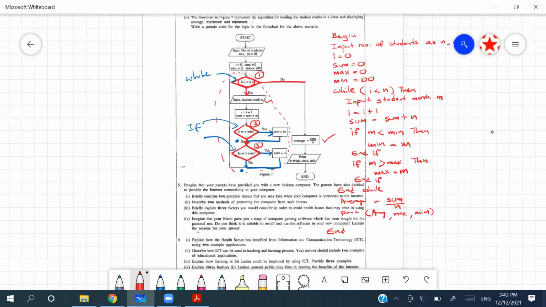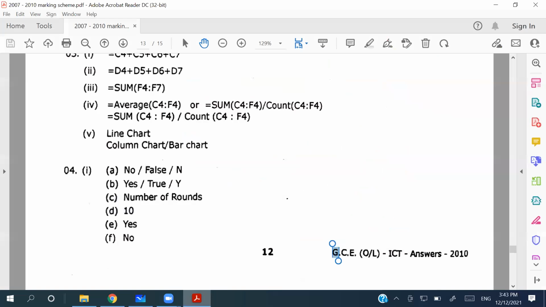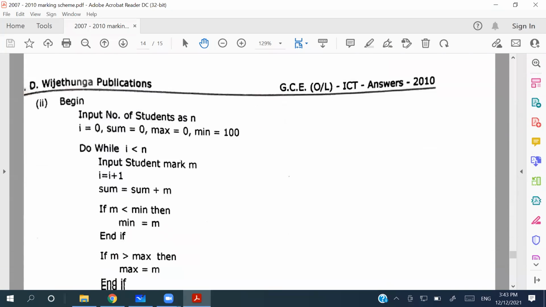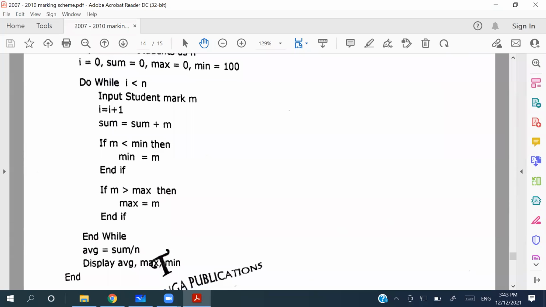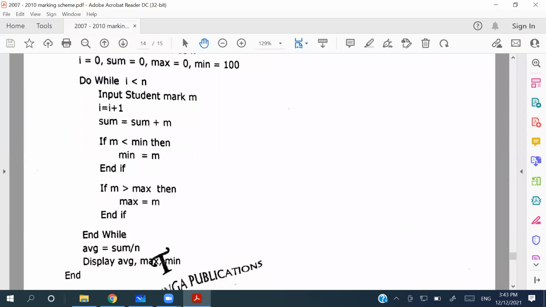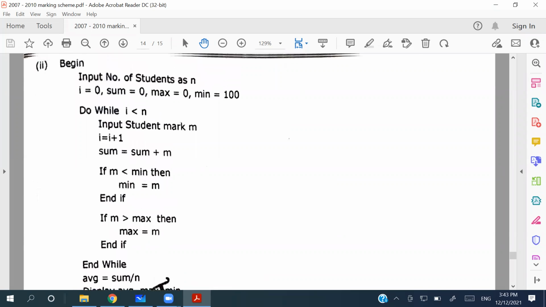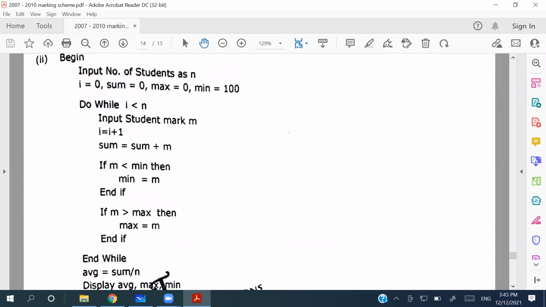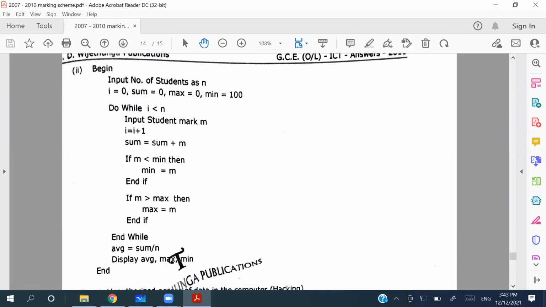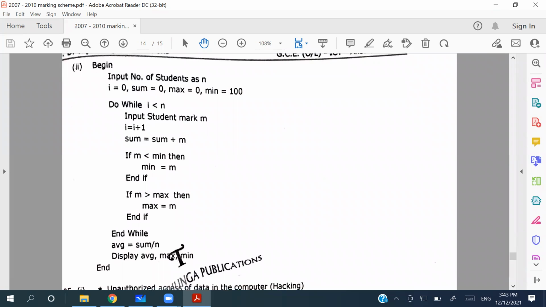It's kind of a little big. I'll show you it from the marking scheme as well. So if you got it correctly, then you can take 4 marks for this. If you got any mistakes, it's time for you to make them correct.